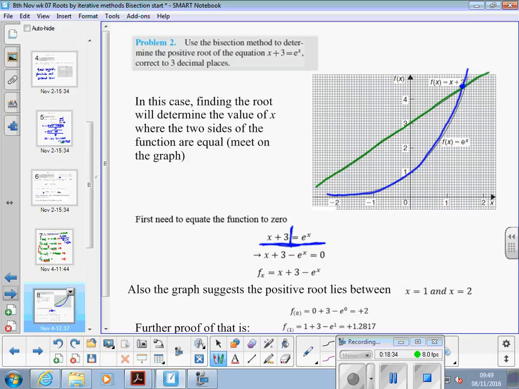You can't see it very well, I'll write it up there. f of x equals e to the x, that green one, f of x equals x plus 3. Okay.